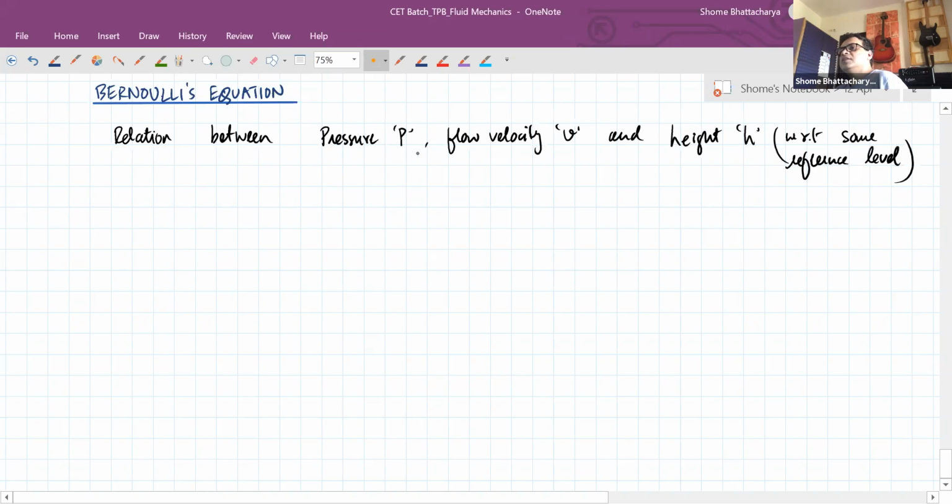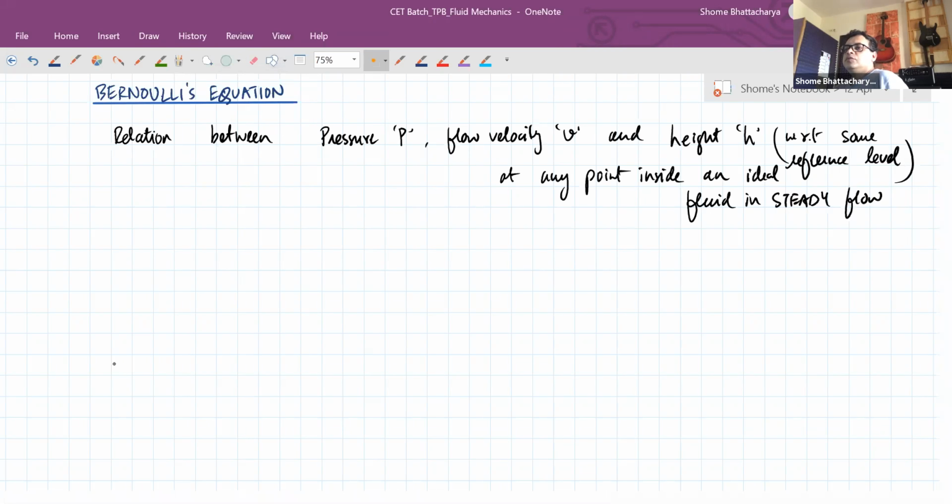Okay, so it relates these three quantities P, V, and H at any point inside an ideal fluid in steady flow. So we will see the statement of Bernoulli's equation next.